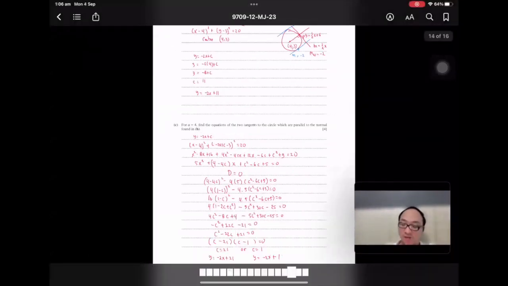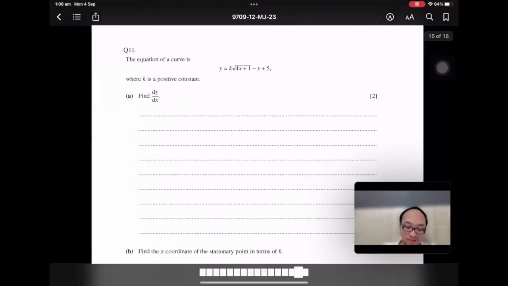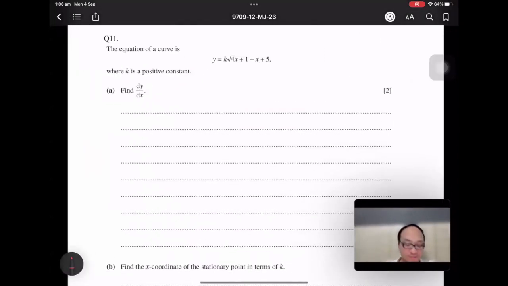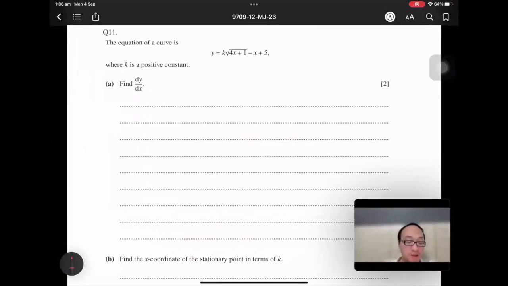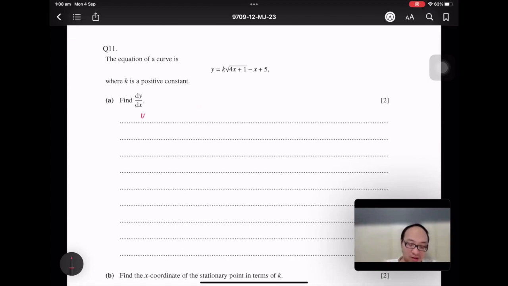That's for number 10 done. Next, 11. The equation of the curve is given, where k is a positive constant, find dy/dx. So we have y equals k root (4x plus 1) minus x plus 5.